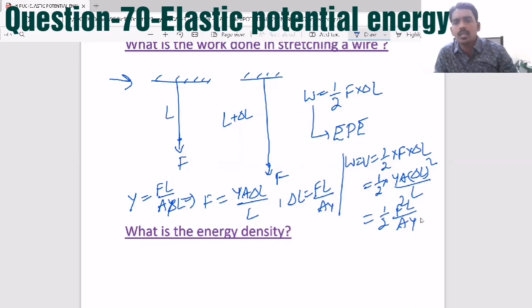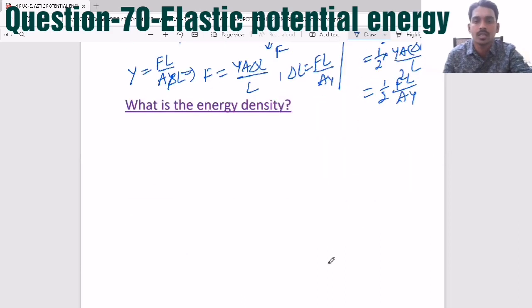Means in a question, if F and delta L are given, then the question is simple. But if F is not given, or if delta L is not given, then you may have to manipulate the formula. That is what this thing.